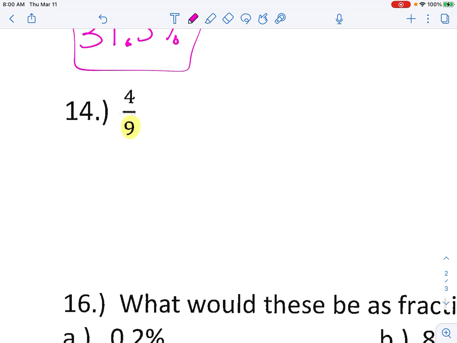Is 9 a factor of 10 or 100? No. So we're going to do numerator divided by denominator. Add your decimal and 3 zeros.